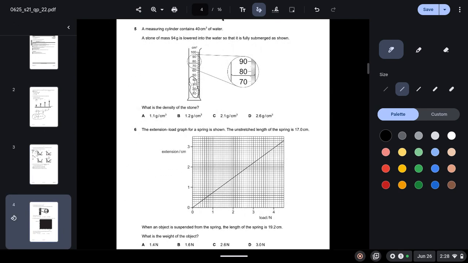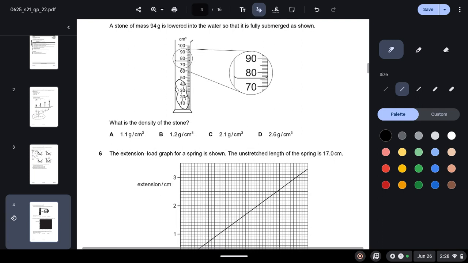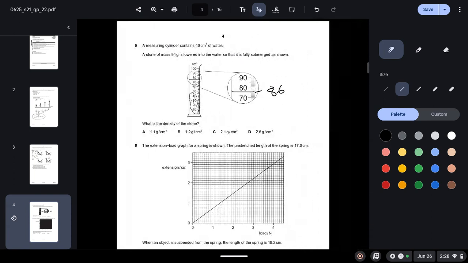Question 5. A measuring cylinder contains 40 centimeter cube of water. A stone of mass 94 grams is lowered into the water so that it is fully submerged as shown. So we can see that this value is 76. We have to calculate the density. The density formula is mass over volume.